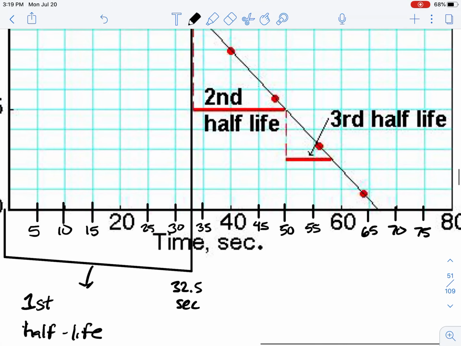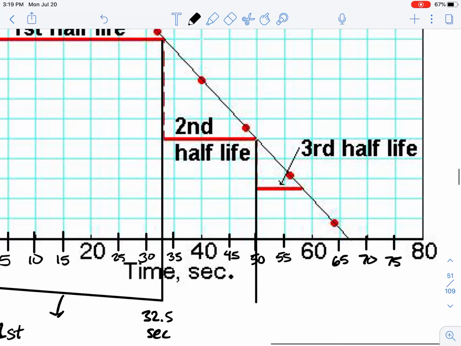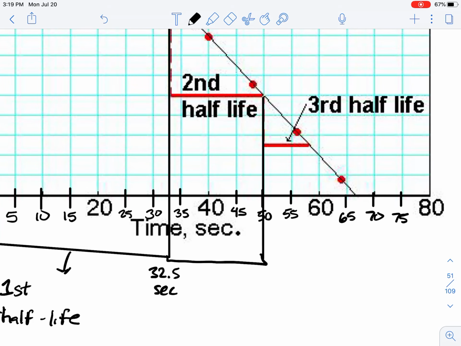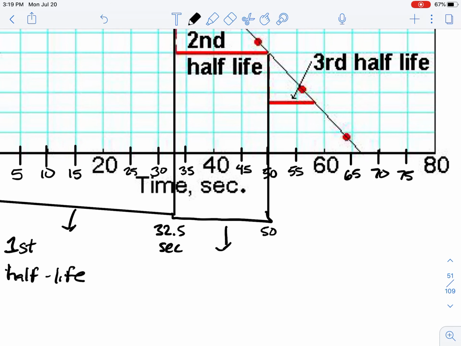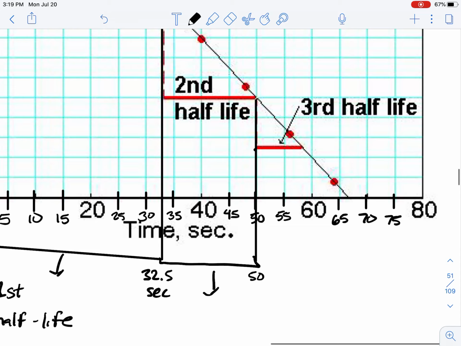Okay. Now, if you look at the second half-life, we're going from 32.5 to 50 seconds. Notice that the time interval gets shorter and shorter. And if we look at the third half-life, it's somewhere in between 55 and 60, maybe leaning closer towards 60, who knows.